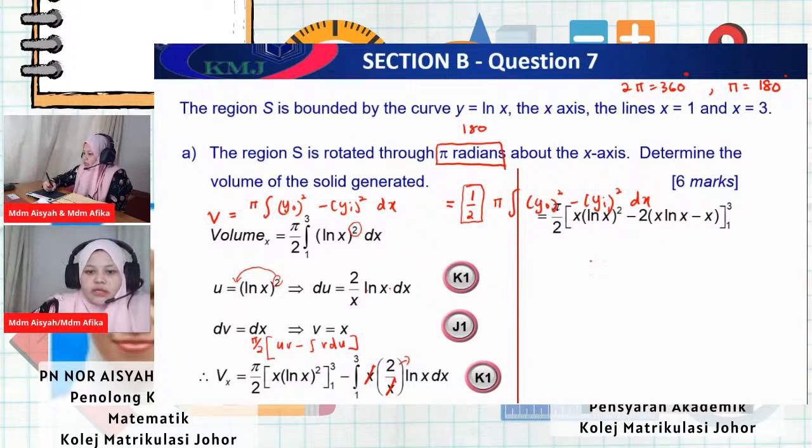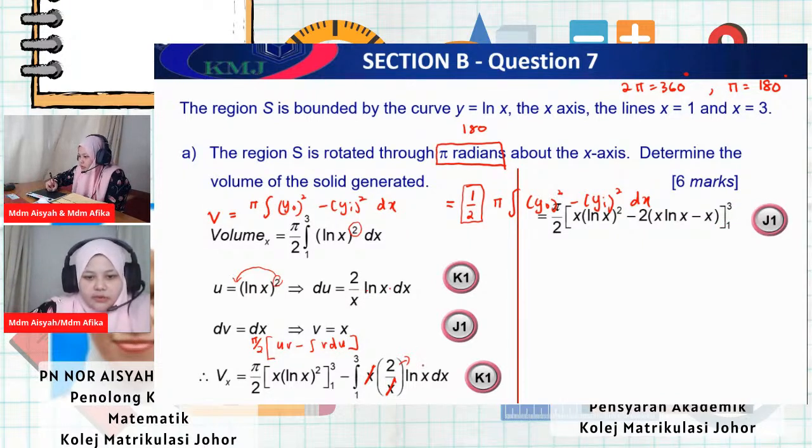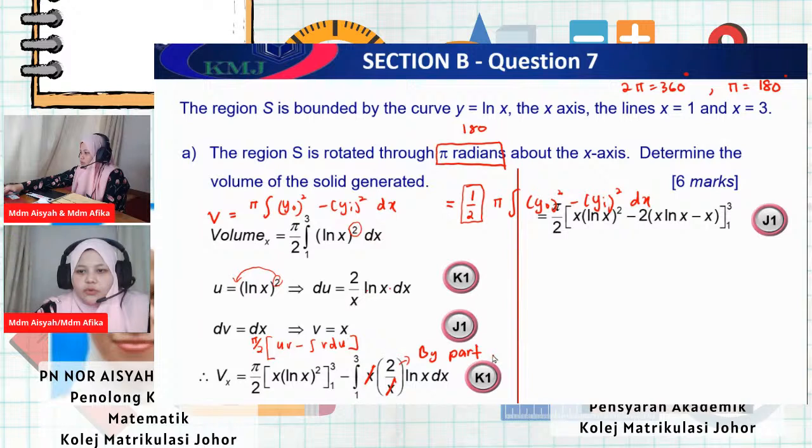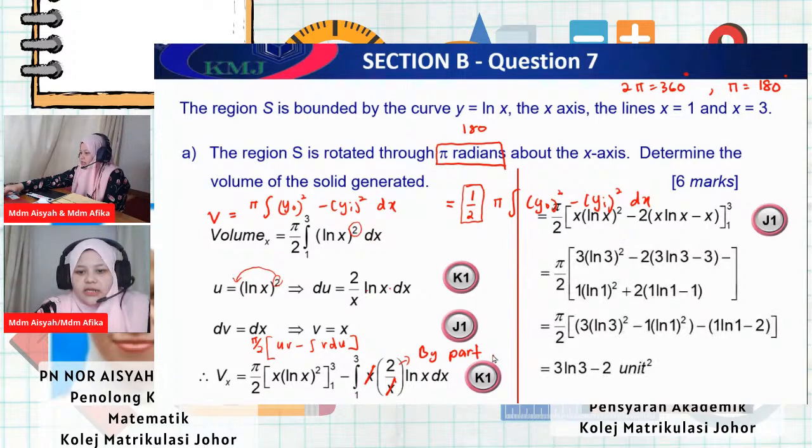Integrate ln x, you will get x ln x minus x. The limit is from 1 to 3, so we just substitute with 1 to 3, and then you will get the final answer, 3 ln 3 minus 2 units cubed.